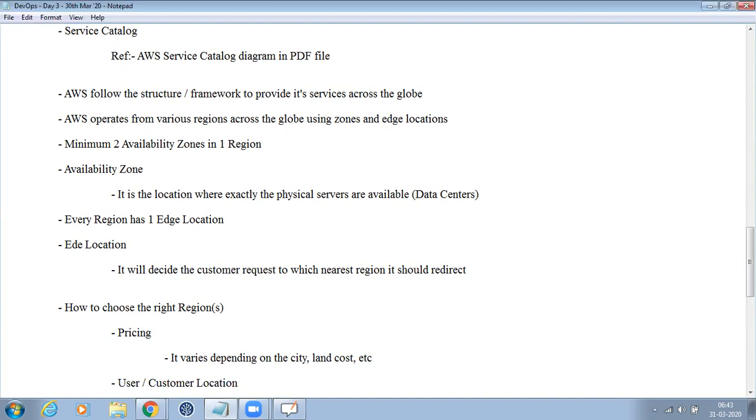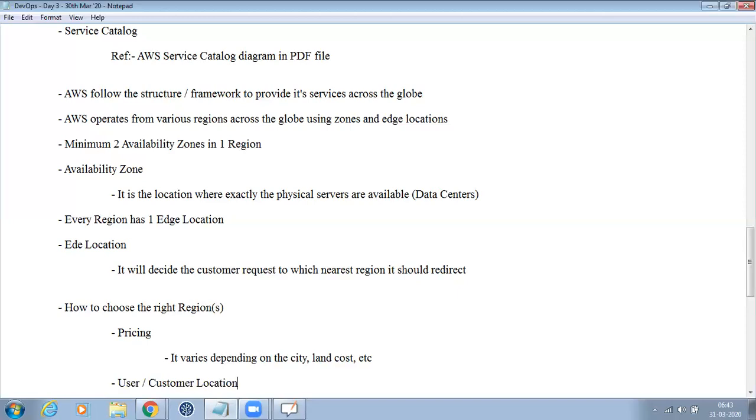Say my customers are more from European countries. So I can go and choose the region that is close to my customer base. We have to see where most of our customers are based out of, right? If my customers are mostly located in the European part, we try to choose the region from Europe.